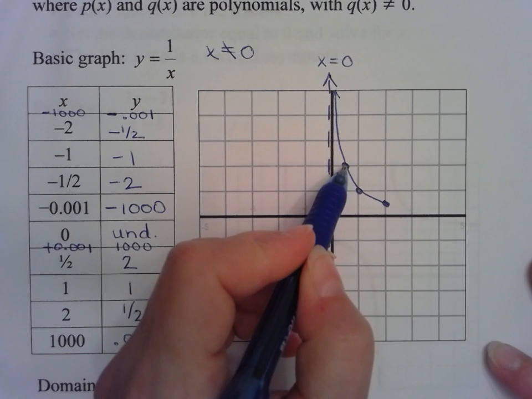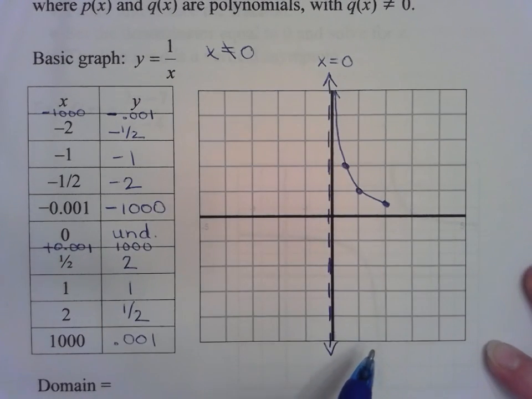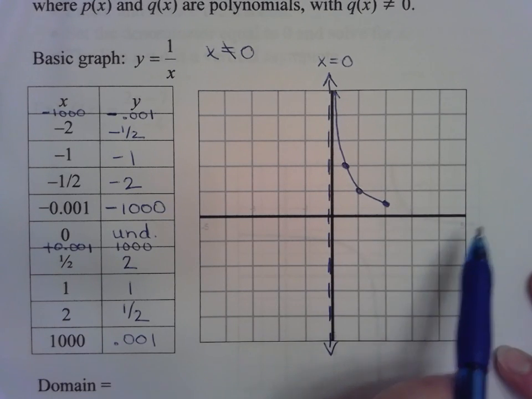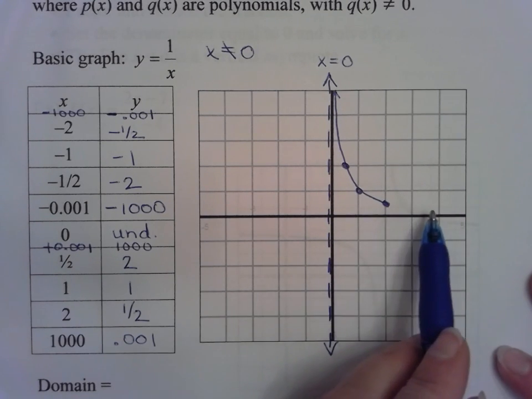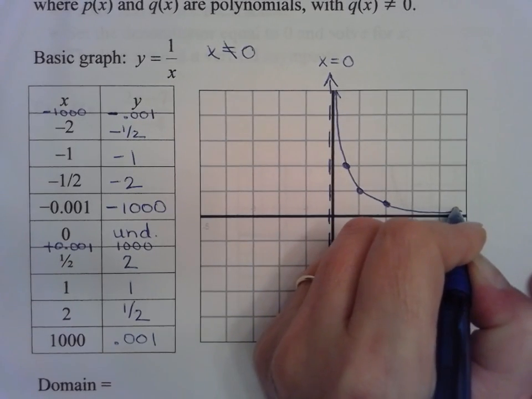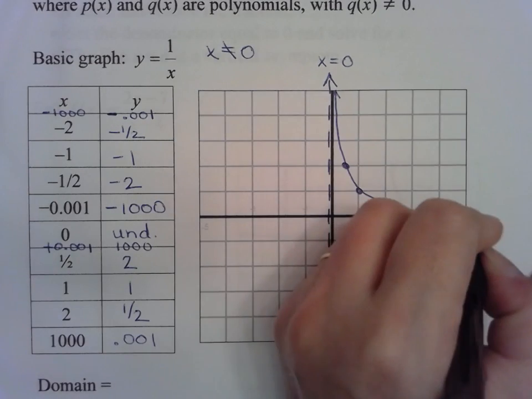Because as x gets smaller and smaller, y shoots up and gets really, really big. And as x gets really, really big, on the outskirts of this graph at the ends, the y value is getting smaller and smaller and smaller. So it's tapering off onto the x-axis here. I really should have labeled these.